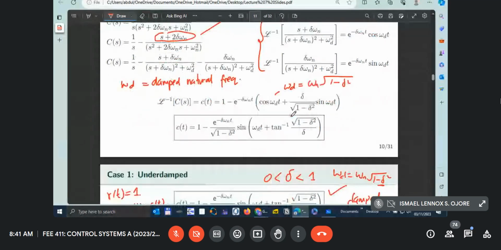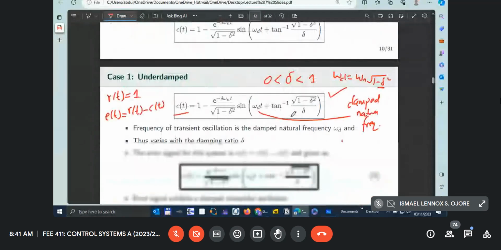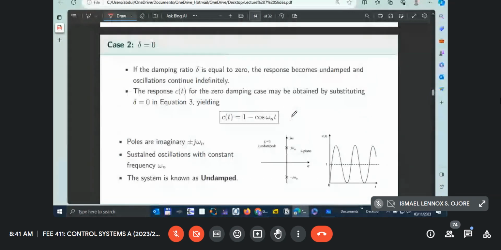You can see we now have sustained oscillations throughout, and our input is just 1. So this is not a good system. This happens when you have poles on the imaginary axis. When you have poles on the imaginary axis, we have sustained oscillations, and the system is undamped.